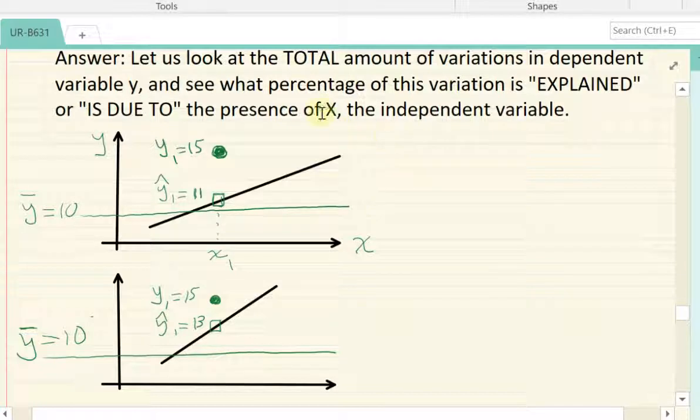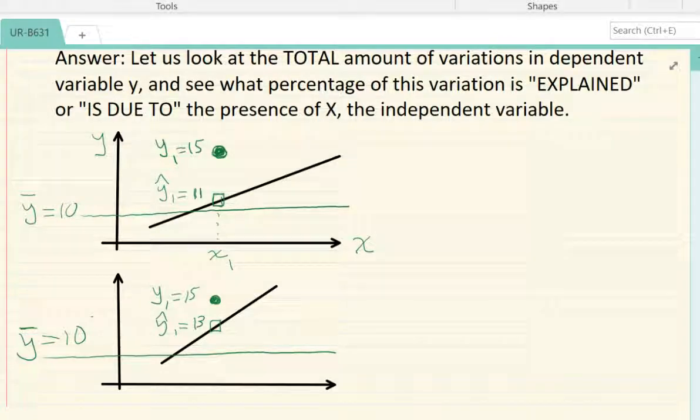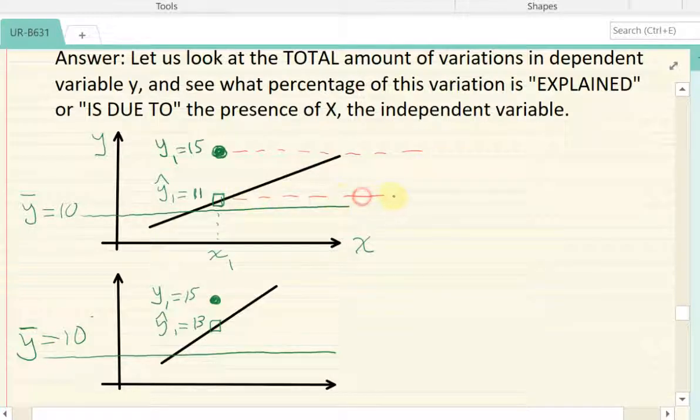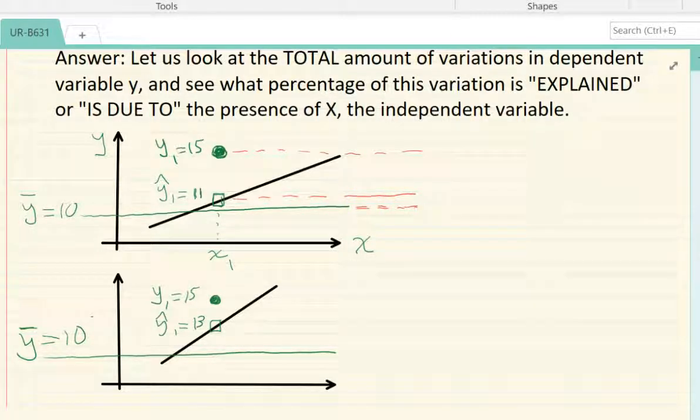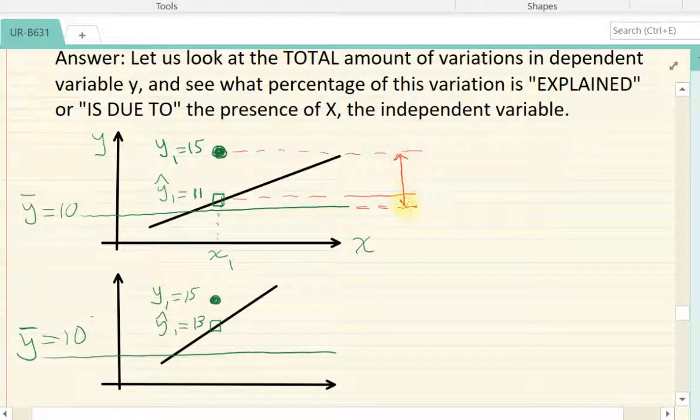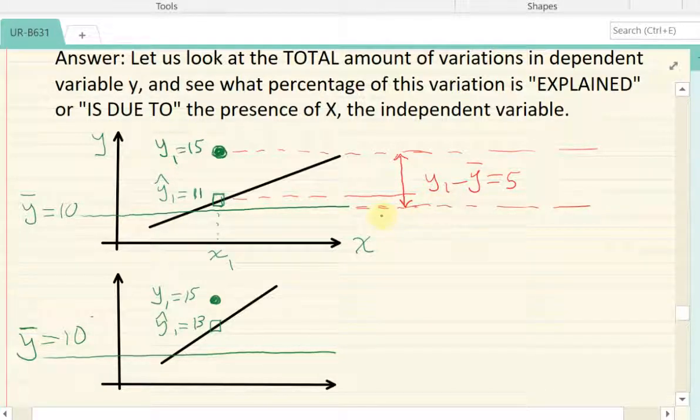Now let me pursue this further. I'm going to extend this line here, extend this one, and of course this is y bar. Now if I look at the distance from the observed value to the average, I'm looking at y1 minus y bar. That's 15 minus 10, which is 5, right? Now the distance of 5 is partitioned into two parts.